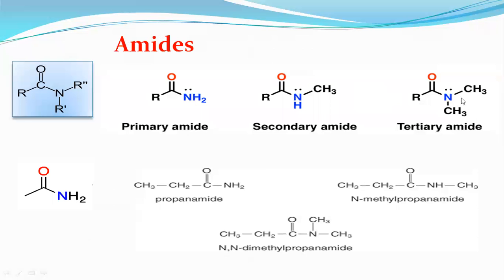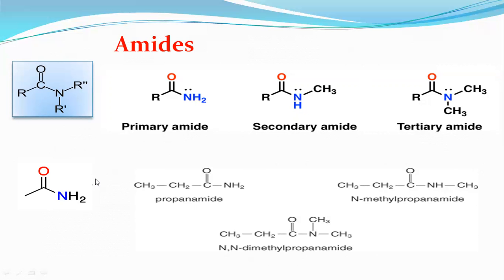For tertiary amides, the nitrogen is bonded on the 3 sides by carbon atoms, meaning there is no bonding between the nitrogen and hydrogen. For the secondary, nitrogen is bonded with 1 hydrogen, and for primary, nitrogen is bonded with 2 hydrogens. So C=ONH2 is the functional group for the amides.